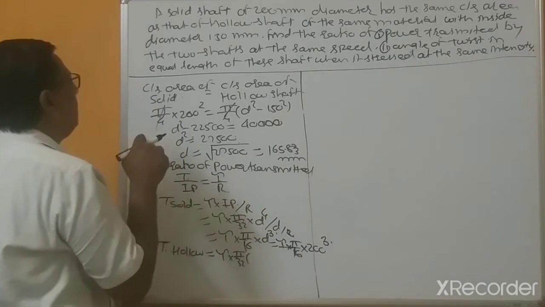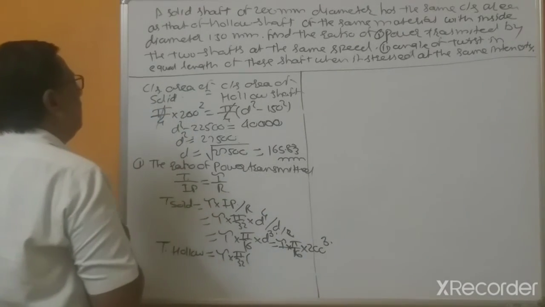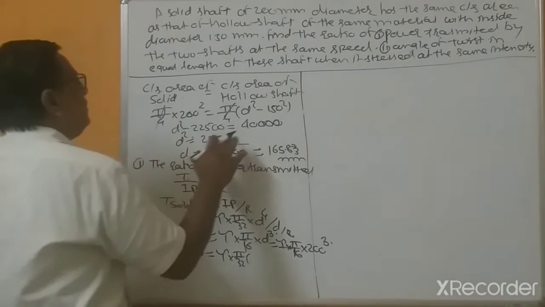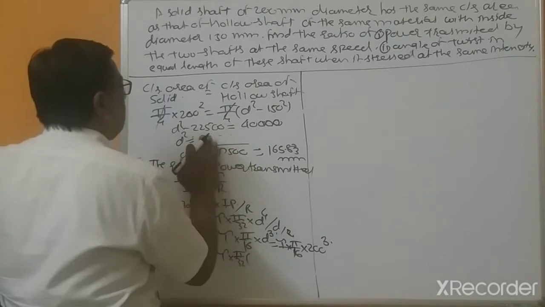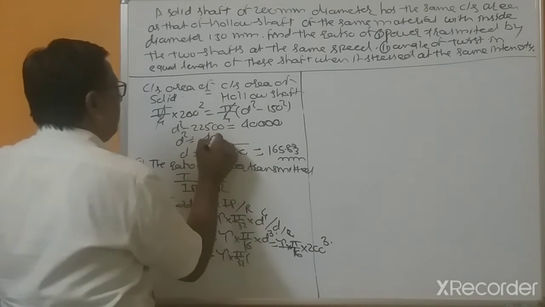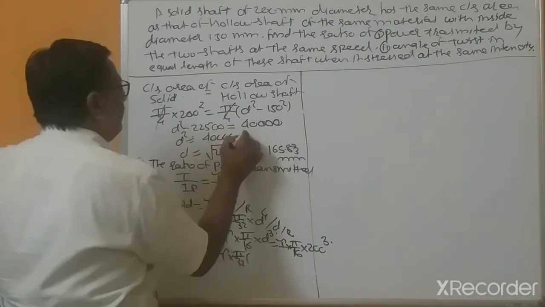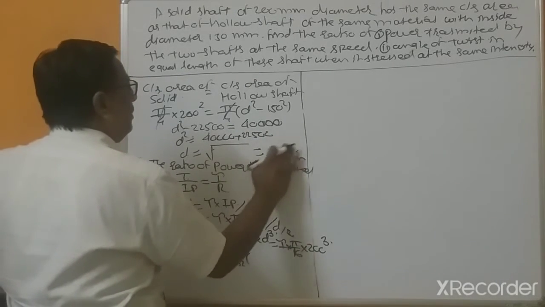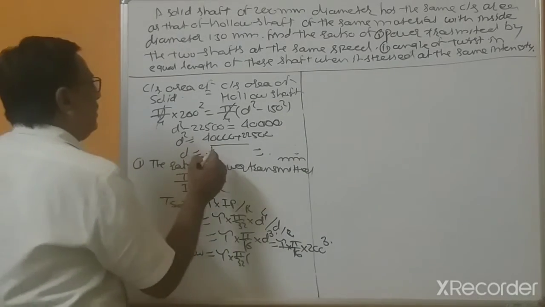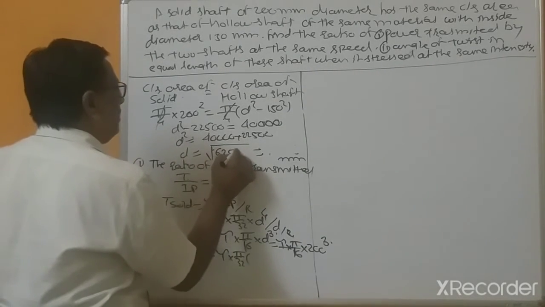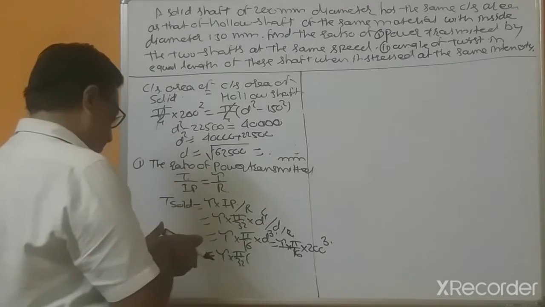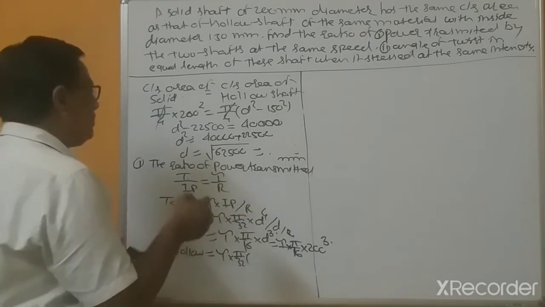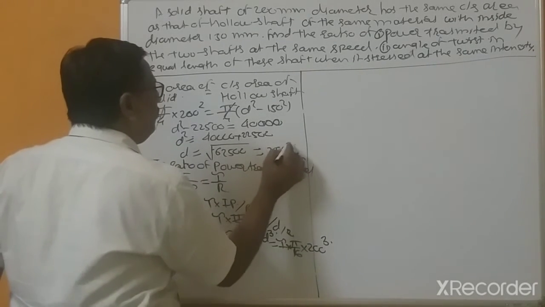So actually, this equals 40,000 plus 22,500, which is 62,500, and this is equal to 250 mm.